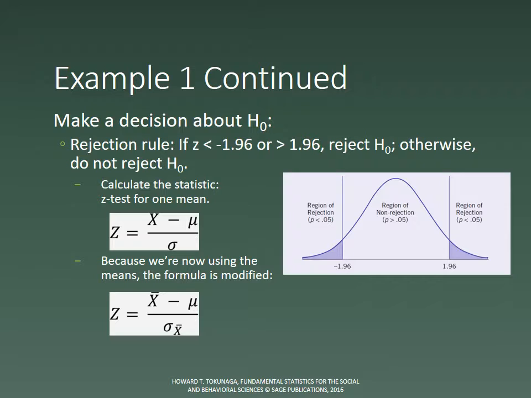Instead of a single x value, we're using a mean x, so we need to modify the formula. So how do we do that? We're going to use a very similar formula, which is the mean of the sample minus the mean of the population divided by the standard error of the sample, I'm sorry.